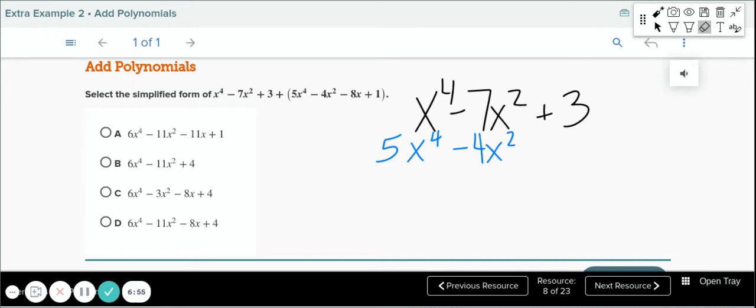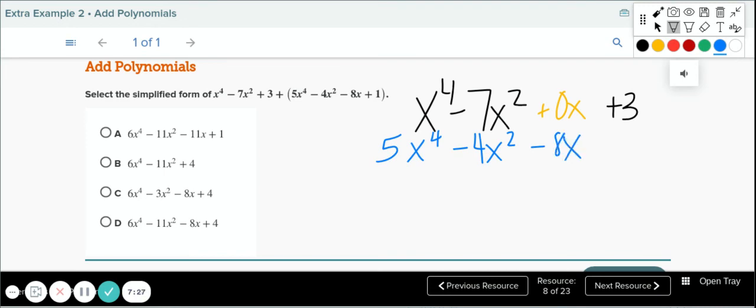Negative 8x, there's no 8x. So what I'm going to do is I'm going to open up the first one. I'm going to put that plus 3 on the end. And I am going to leave a space here. Normally, we put in 0 for a holder, so like 0x, because there is no x term on the first polynomial. And then the second polynomial, we have the negative 8x.